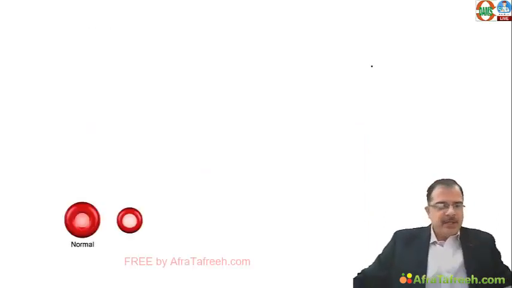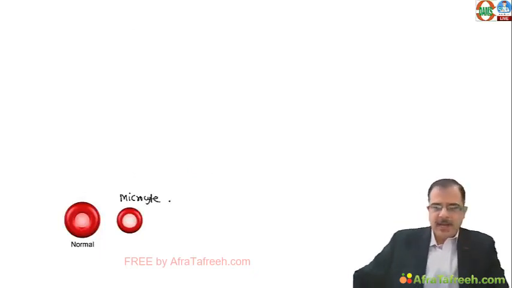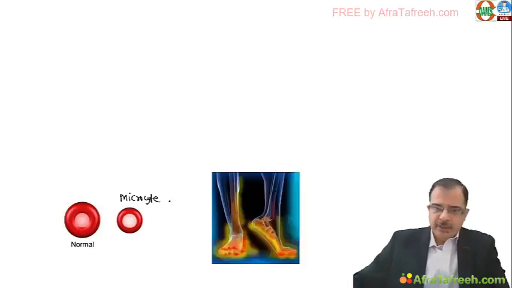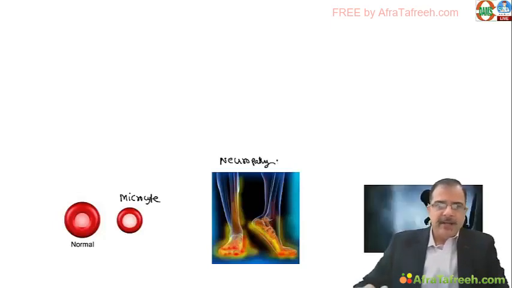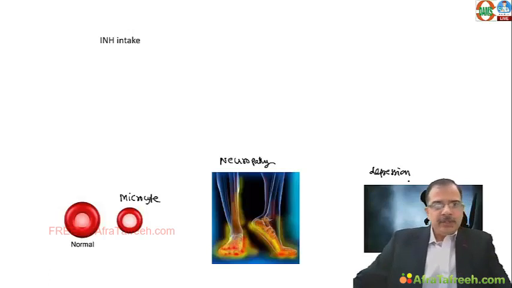While the patient has microcytic RBCs, size is less, microcytes are there. The patient has neuropathy. Identify which deficiency I am talking about. Neuropathy is there, and the patient has depression. So the patient was taking INH in the clinical history.